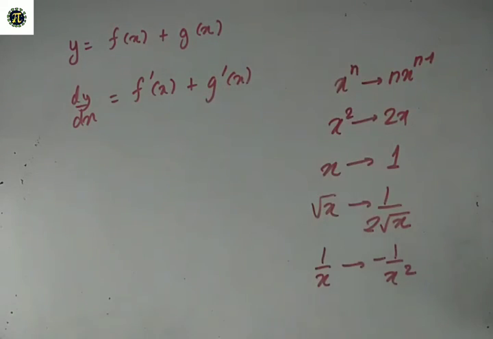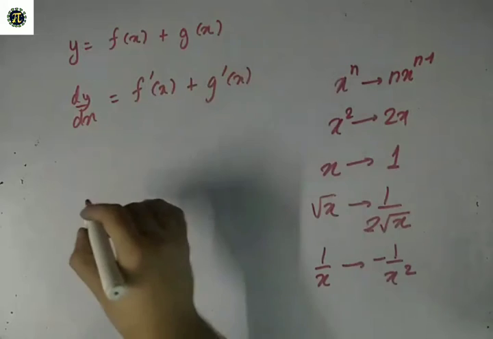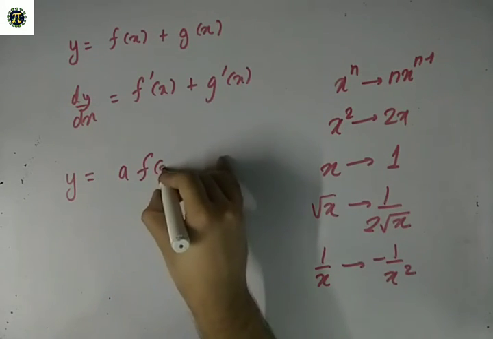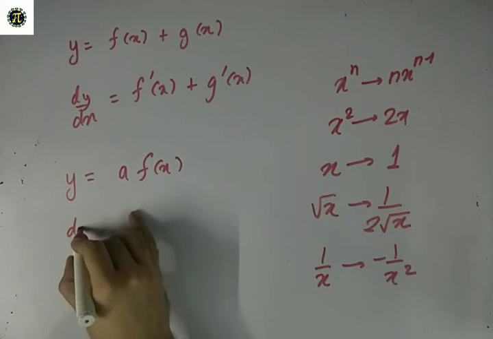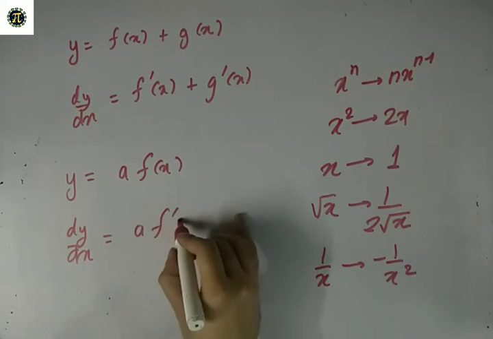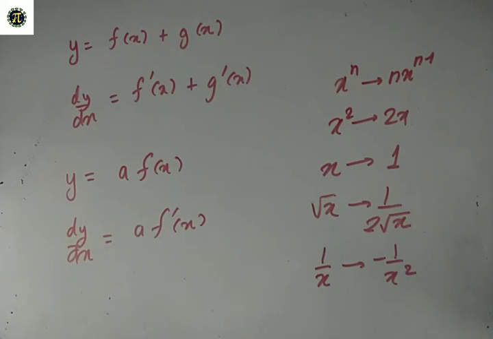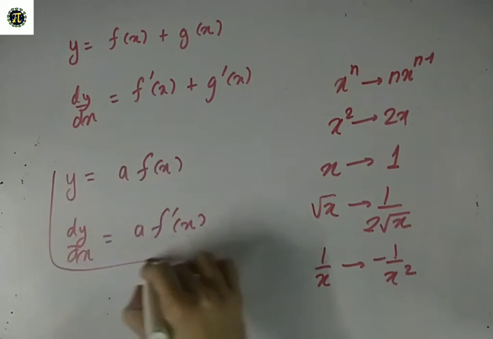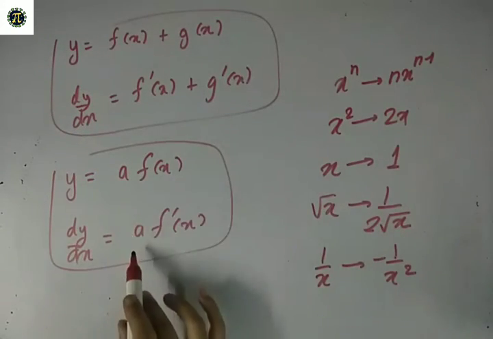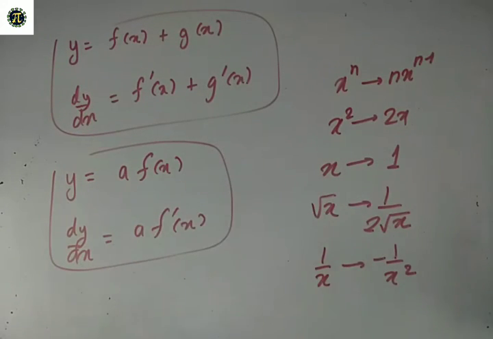Very simple formulation, we can differentiate both of them. And we have this one also: differentiation of a times f(x) is a times f dash x. So if you have a multiplication with a constant, it does not affect the differentiation. We just keep the constant there and we differentiate the function.